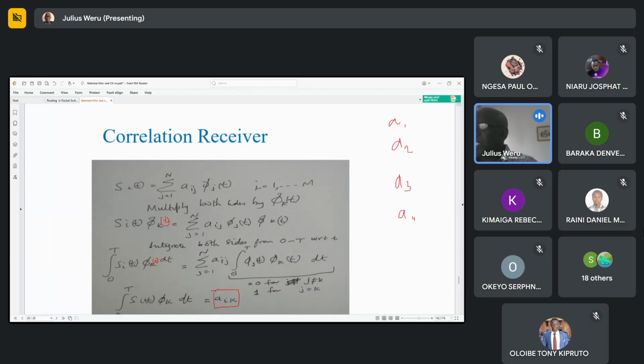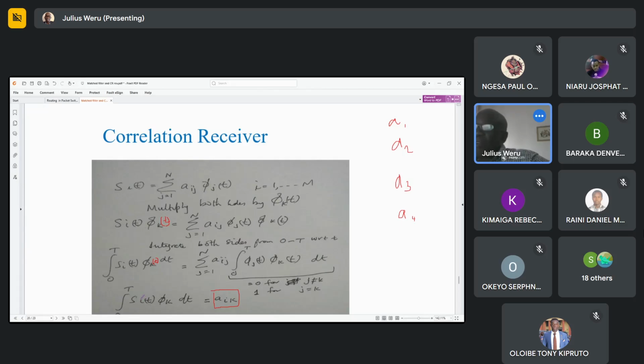And what are we saying here? We are saying this was a signal that was multiplied with your orthogonal basis functions, and we are able to recover it. And of course, this is s_i(t), so this is varying.